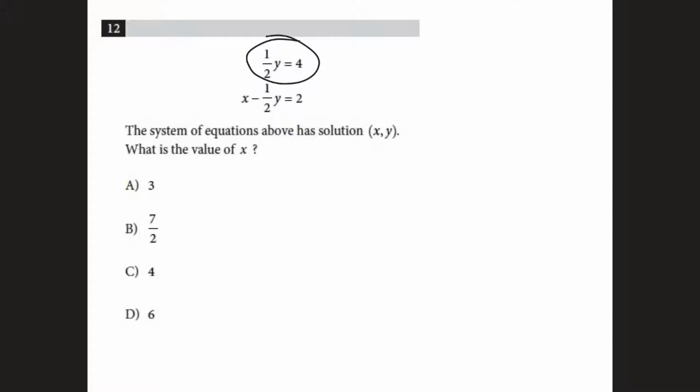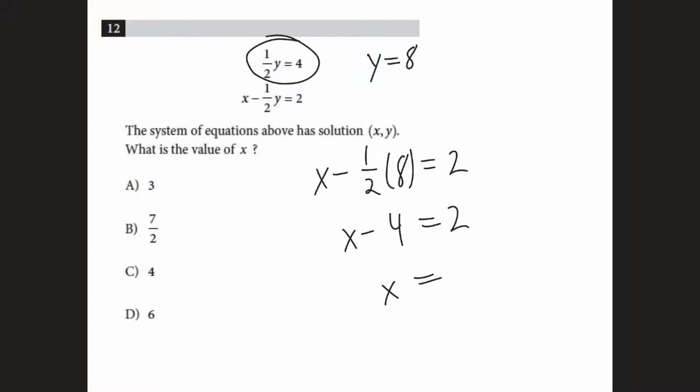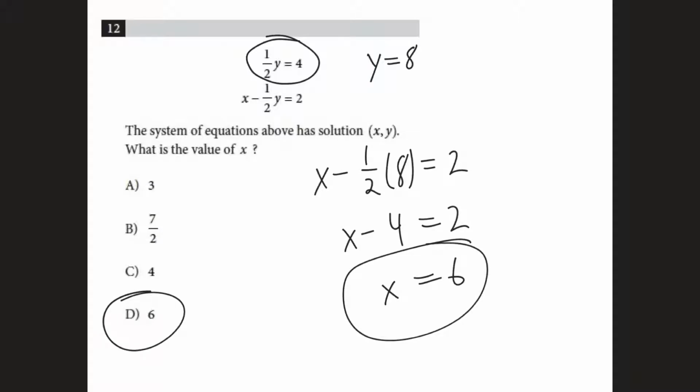If you just multiply both sides by 2, we'll see that y equals 8. We plug that into the second equation, and we'll get x minus 1/2 of 8 equals 2. x minus 4 equals 2. x equals 6. D is our solution.